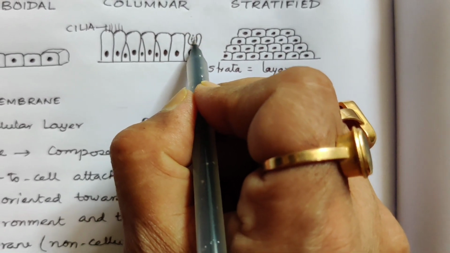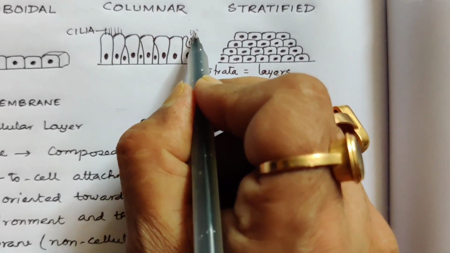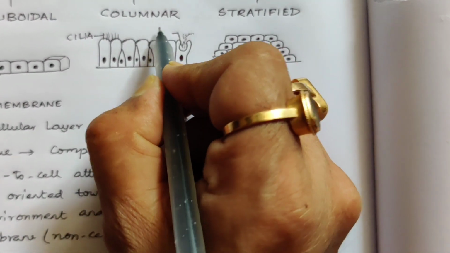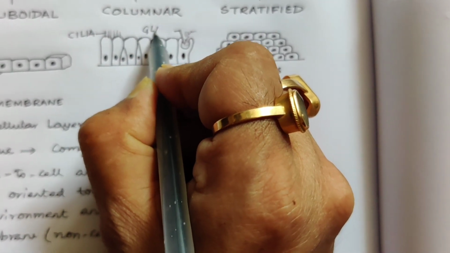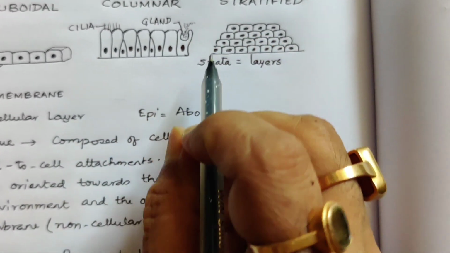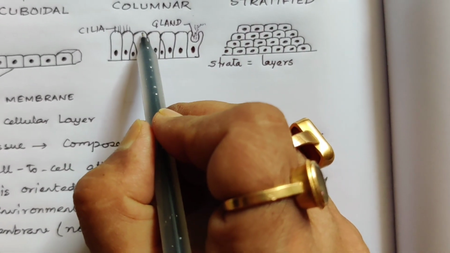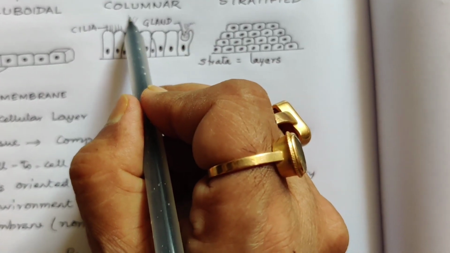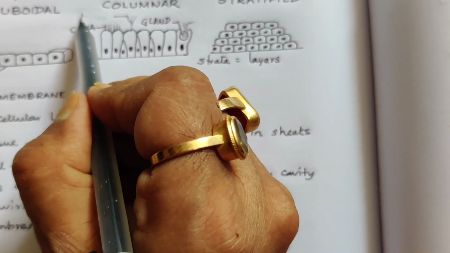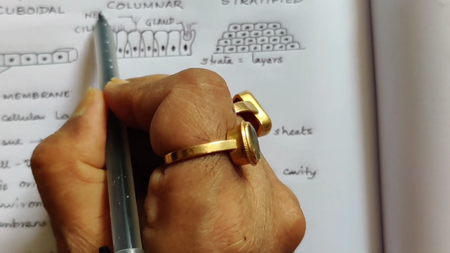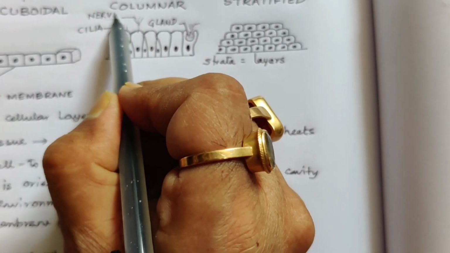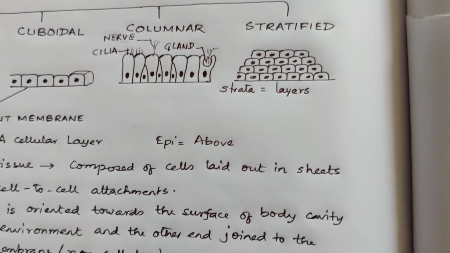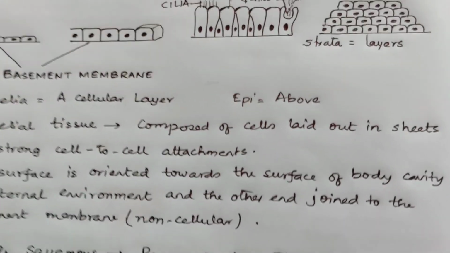These glands, whenever they are filled, throw out their products. Or they may have sensory neurons, the sensory nerves. These are nerve endings. So they may contain cilia, a gland, or nerve endings.